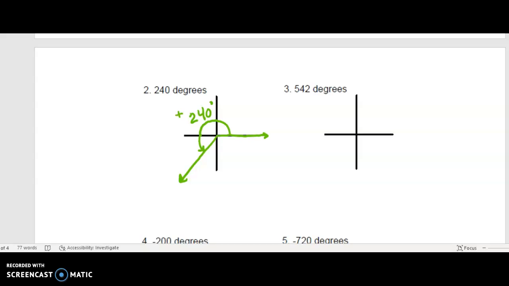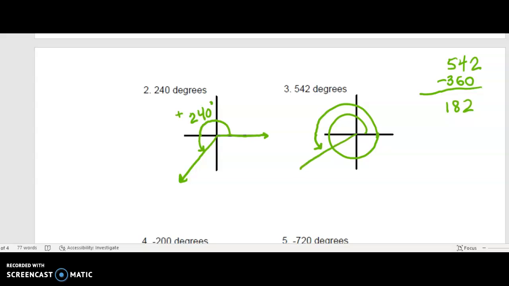A 542-degree angle. I did a little math for us up here in the corner. 542 degrees is 360 plus 182. So we've got to do a 360-degree rotation plus 180 and 2 more degrees.